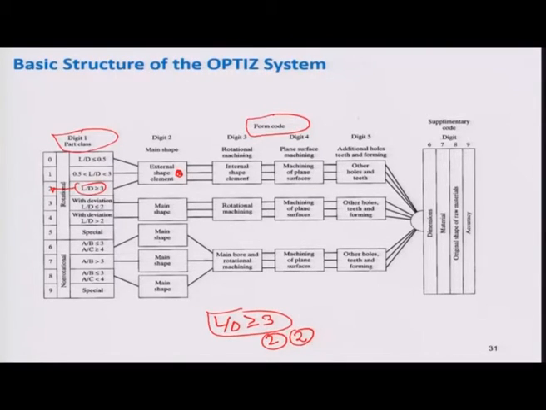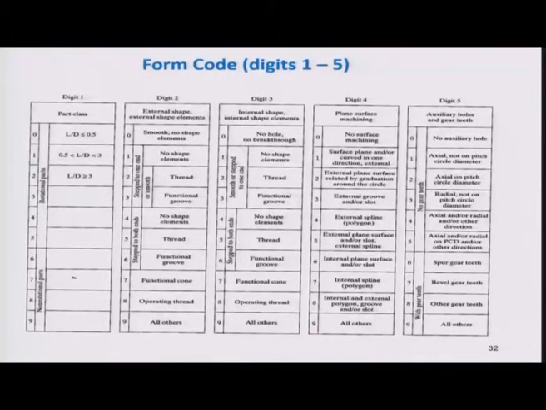Suppose external shape is required. Again, for material characterization, you will have to go to the supplementary code. Suppose you are taking material type 7. This code signifies the dimension of your part, which machine it will go through, and what kind of material it is. In more detail, suppose the L by D ratio is smaller than 0.5 and you are going to make a threaded screw, so you will have to assign digit 5 for the threading system.